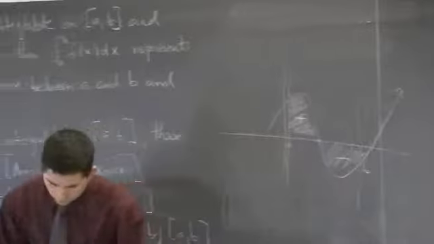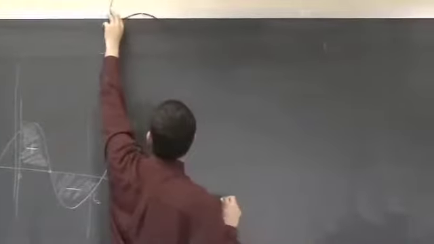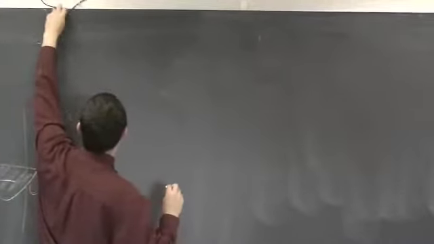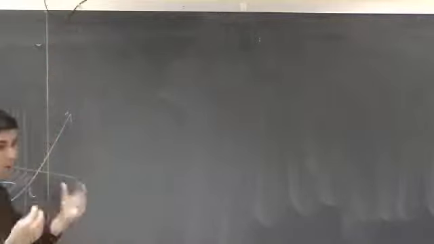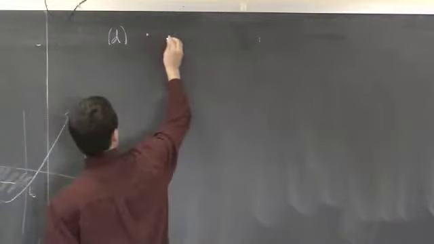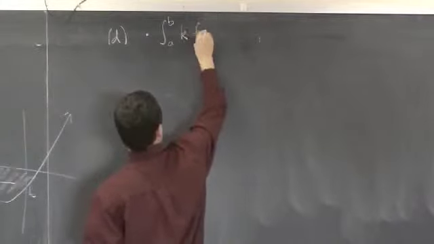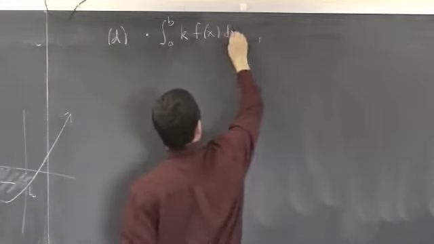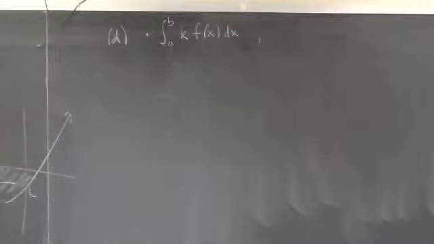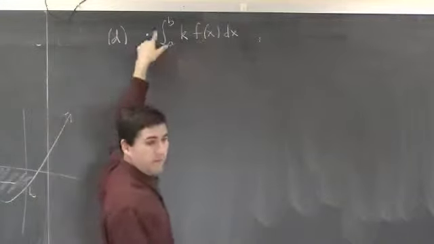Okay, now we have a whole bunch of properties we want to write down. So these properties should look very familiar because we've seen them over and over again last term and this term. So first, what happens if I put a constant times a function? Right, well, we know that this is based on a limit.